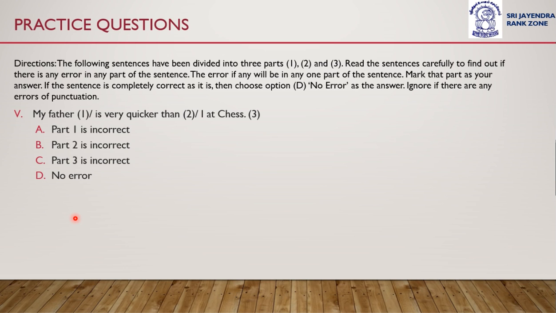Now let's discuss question number 5. My father is very quicker than I at chess. Is there any error in this sentence? Please try to recognize. I am giving you 30 seconds. My father is very quicker than I at chess.